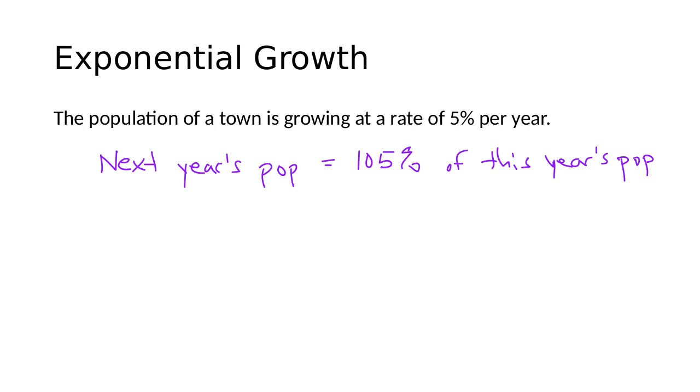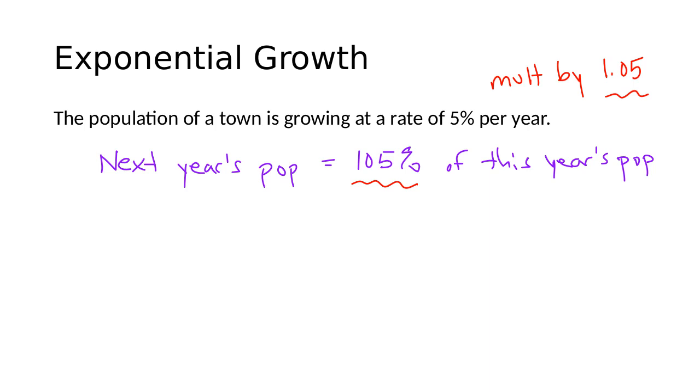So in order to find out what next year's population is going to be, I need to take this year's population and multiply by 1.05. And that comes from turning 105% into a decimal. We multiply by 1.05 to get next year's population.